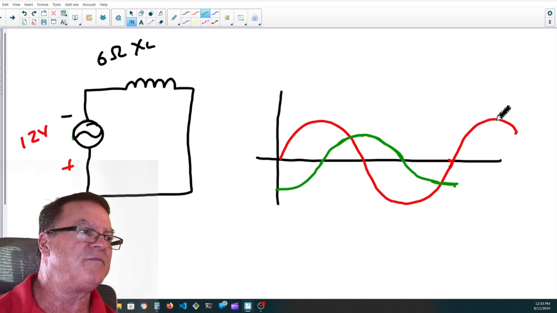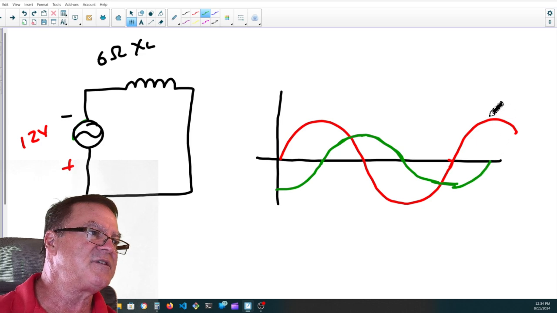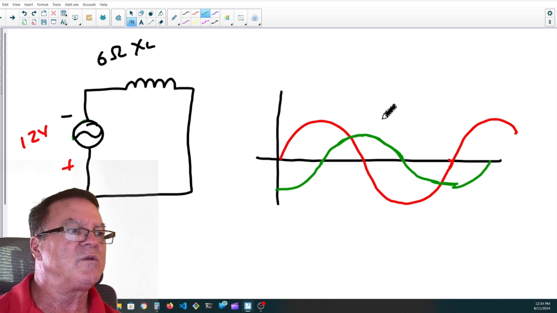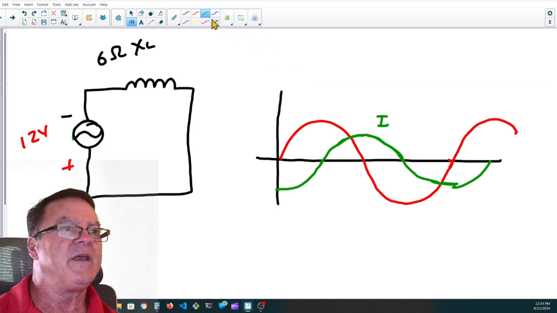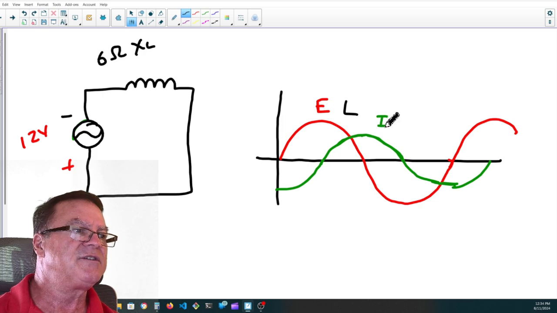And then as this rises to the positive peak, it does the same thing again. It's producing current in the opposite polarity until such point as that voltage levels off, and then the inductor's happy, so it stops. So look what's happening. Here's my current. Here's my voltage. My voltage is leading my current in an inductive circuit. Eli. Voltage leads current in an inductive circuit.